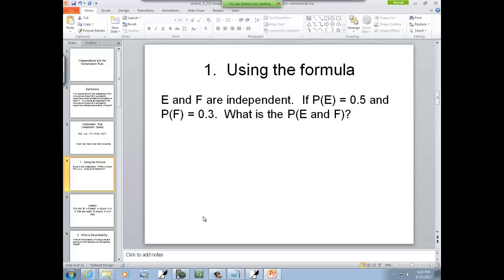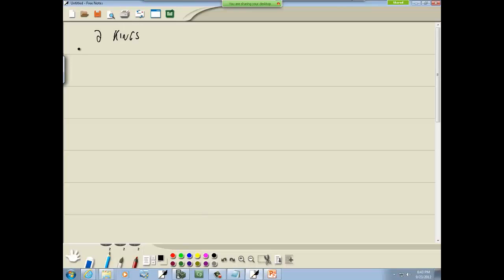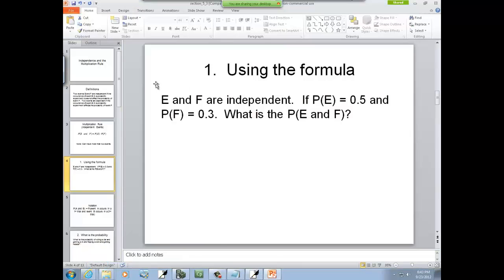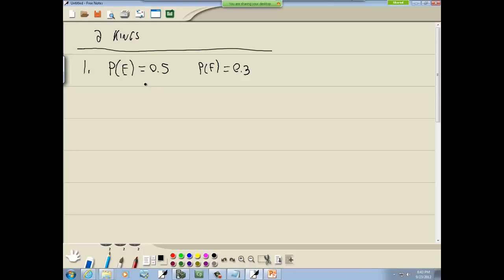Well, let's take a look at this first one. Probability of E is equal to 0.5. Probability of F is equal to 0.3. And it says E and F are independent. What's the probability of E and F?